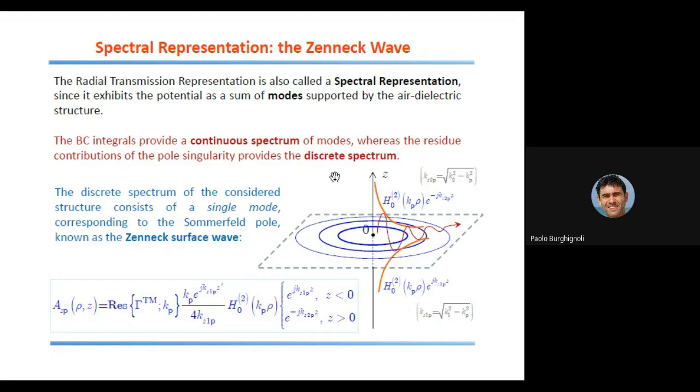The shape of the Zenneck wave is the one represented in this figure, where you can see the wave propagates as a cylindrical wave along the interface between the two media, and it decays exponentially on the two sides of the interface, so both in the upper dielectric half space and in the lower vacuum half space. The dependence on the radial distance rho is given by the Hankel function of the second kind, which gives us a cylindrical wave that propagates outwards to infinity.